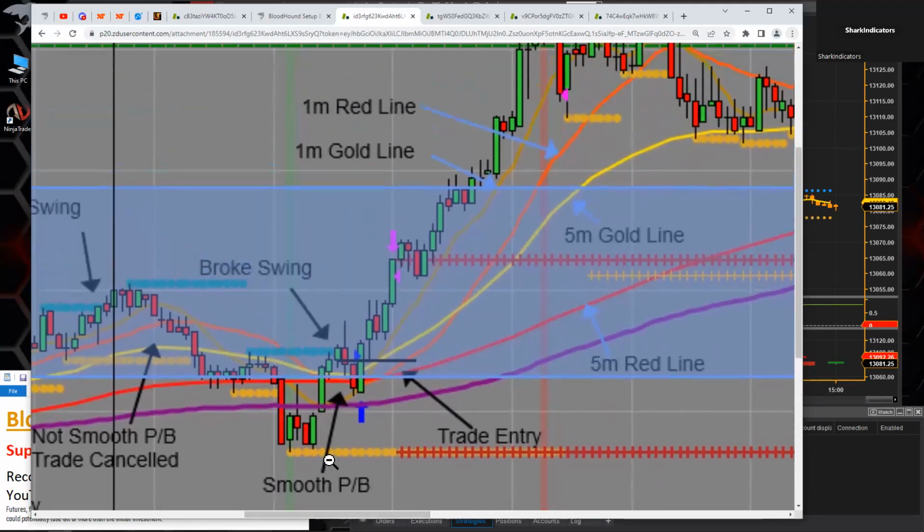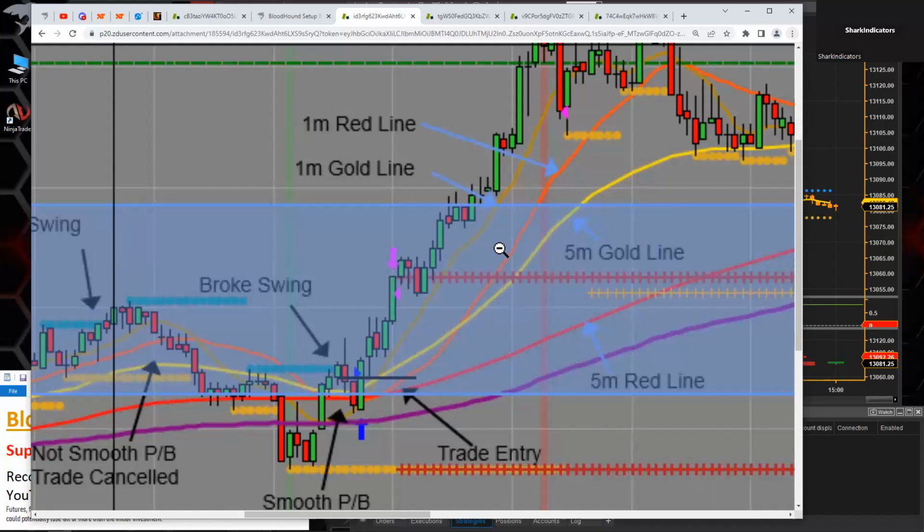First, let's get to these moving averages, all right? So the gold line is a 9 EMA on a 1 minute chart, right? And the red line, so here there's a bunch of mixing and matching, so I'm just going to build the base, I guess what I would call the standard iteration of this system.